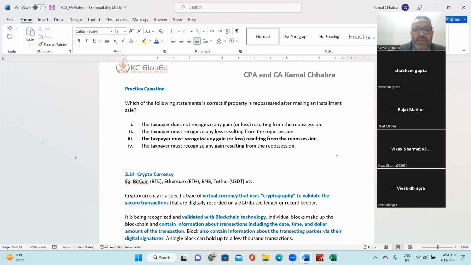The taxpayer must recognize any loss resulting from repossession. Loss or gain, both need to be recognized. That is the reason the second answer is not correct. Same is the fourth one. The taxpayer must recognize gain or loss, both, right? That is the reason the second and fourth options are incorrect. Make sense?